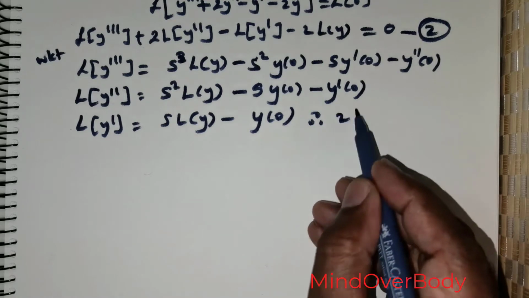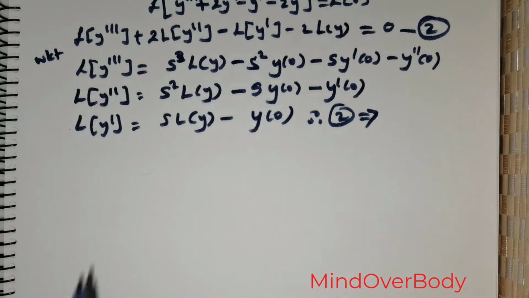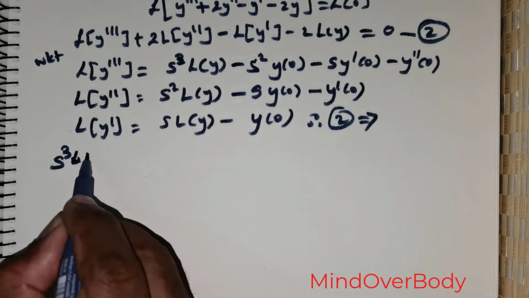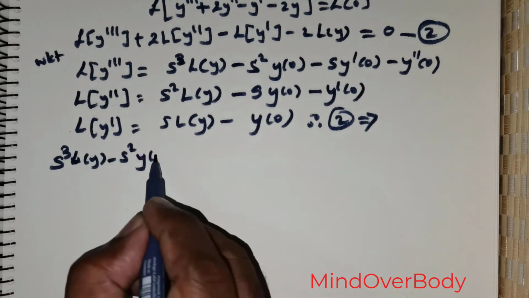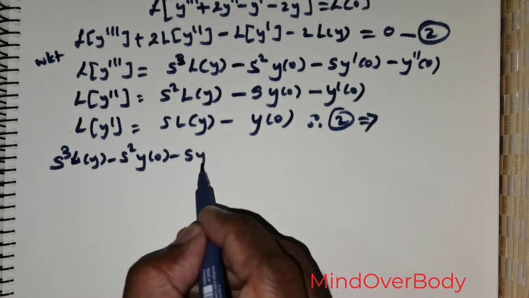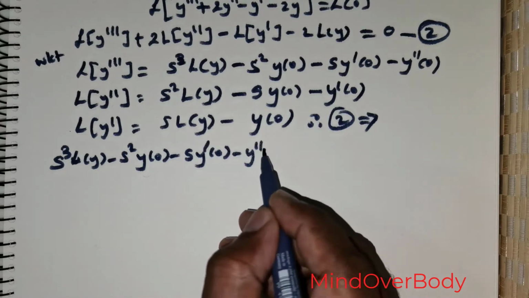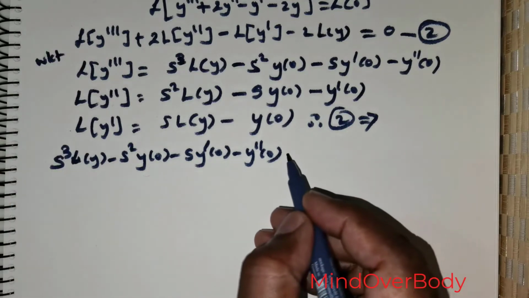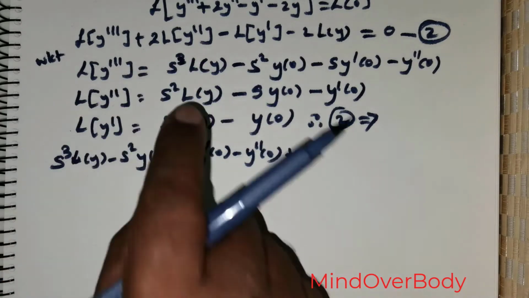So therefore 2 can be rewritten as, I would be substituting s cubed of L of y negative s squared of y of 0 negative s times y dash of 0 negative y double dash of 0. So this is for this, positive 2 times L of y double dash.